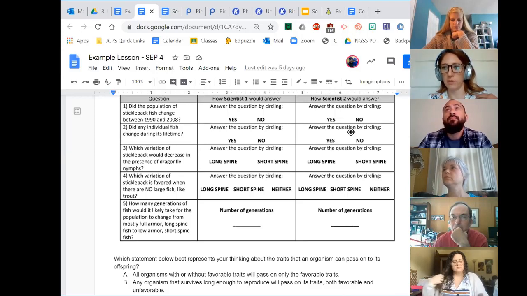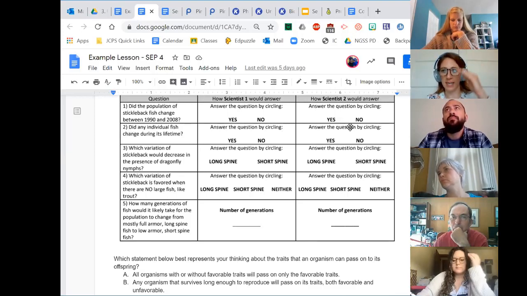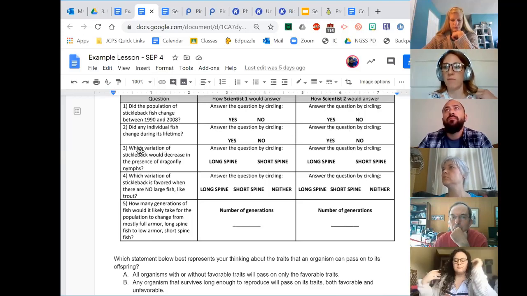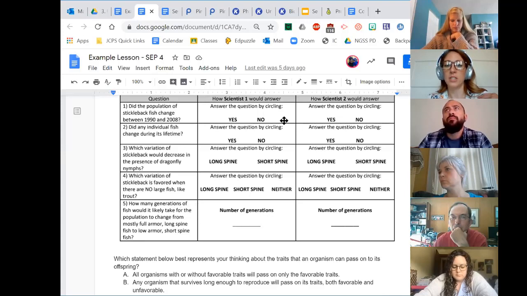The individual fish that is not part of this activity, but it's setting up another activity that comes afterwards, about variations decreasing or increasing, variations being favored, and how long that change takes to happen, right? So this is our activity setup where students are thinking about science ideas.